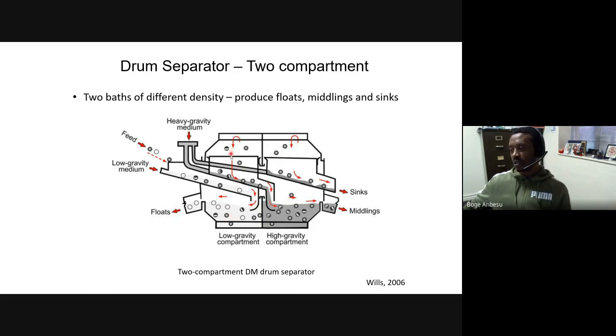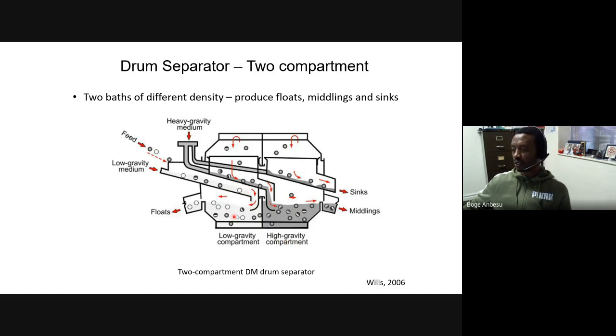the particles that float are only the lightest particles. So the lightest particles float and are removed by a similar mechanism. Slightly denser and very dense particles will go to the sink and they're collected here with a similar mechanism as what I showed you earlier. Now you have intermediate and heavy particles being sent into the second compartment. And in the second compartment, we have similar things happening, but now the specific gravity of the media is slightly higher.